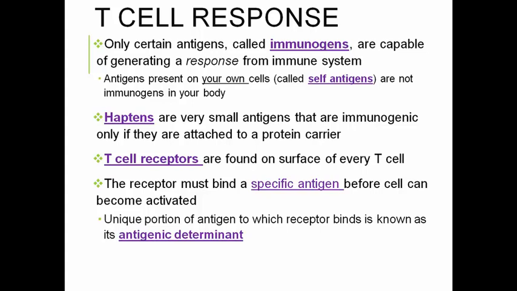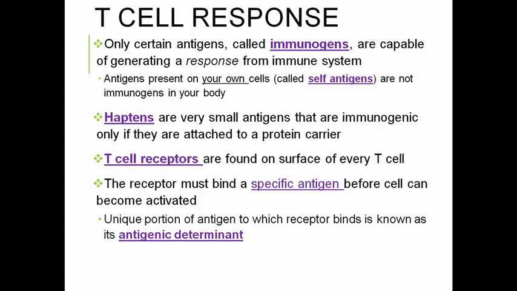As far as the response of T cells, we know that certain antigens that are immunogens are the ones that actually cause or generate an immune system response. So we know again that our own cells have self-antigens, those flags that fly on our cells so that the immune cells can recognize what is self and what is not self. There are small antigens that are immunogenic because they're attached to protein carriers, so they still are foreign.